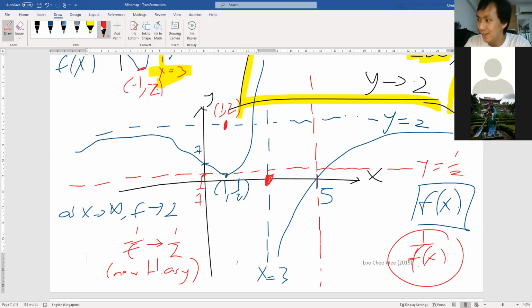Okay, so we focus on any one detail at any point in time. We focus on the 5 and above first, which is this portion here. So 5 and above, the blue graph is positive and increasing towards 2.